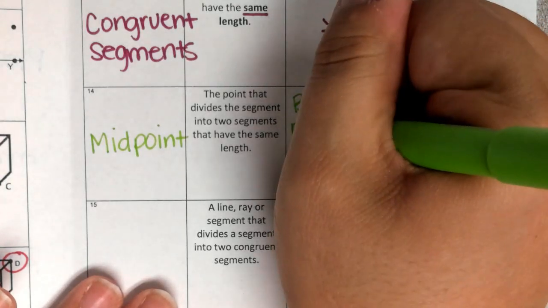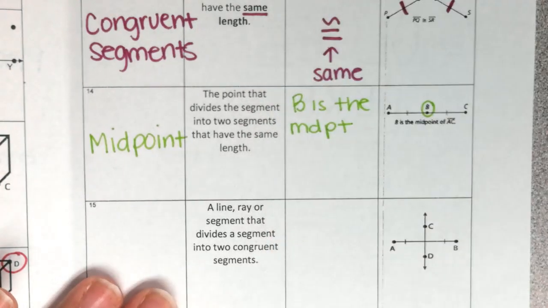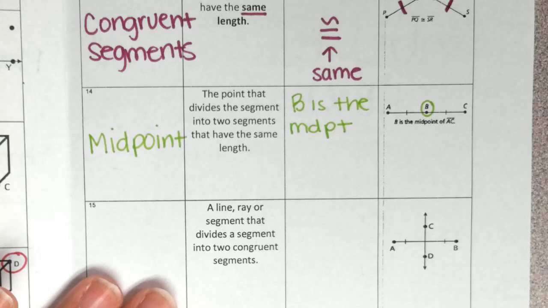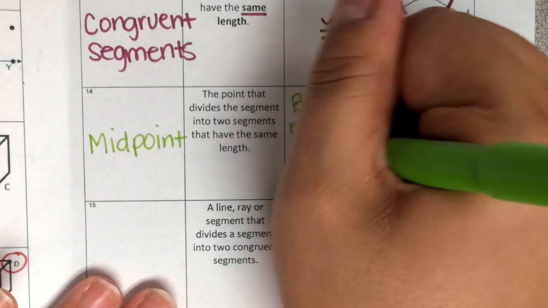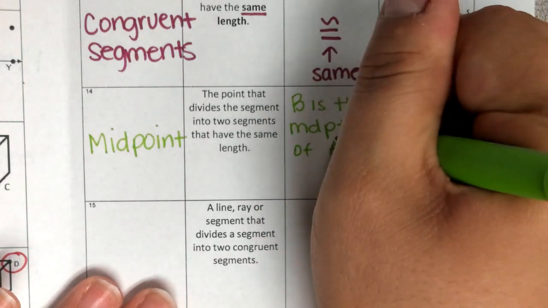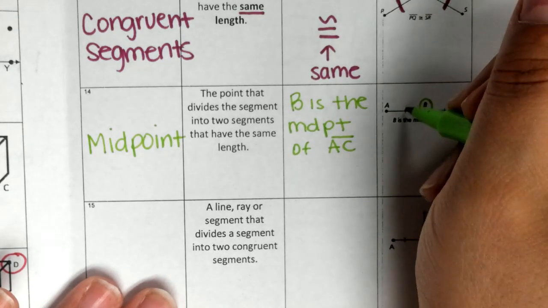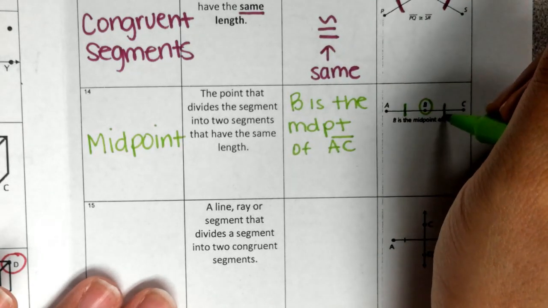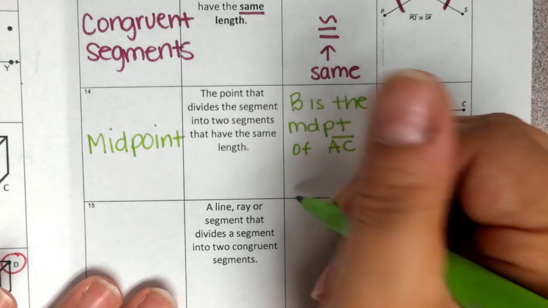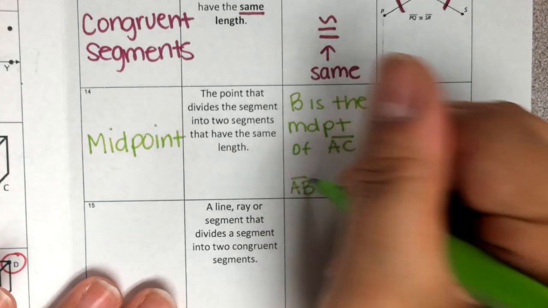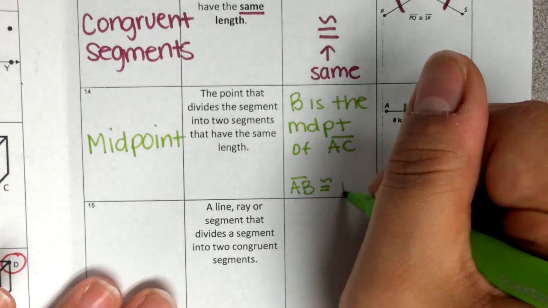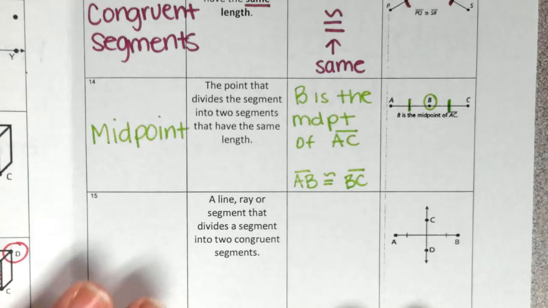I like to shorten it to MDPT. Midpoint of AC. And if B is the middle, what does this have right here on each side? Tick marks. What do those tick marks mean? They mean they're the same. So AB would be the same as BC.